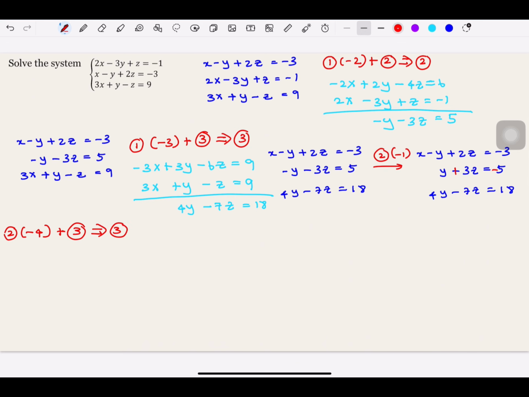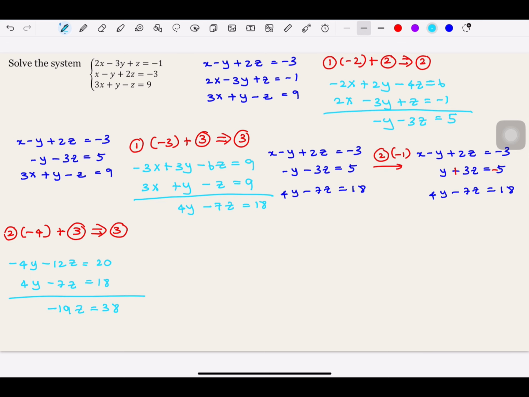Okay, so let's do the simplification. So take this equation and multiply each term by negative 4. So in that case, you'll get negative 4y, negative 12z equals positive 20. And I'm going to write my third equation, which is 18, and add them together. So if you add them together, here you'll have 19z equals 38.